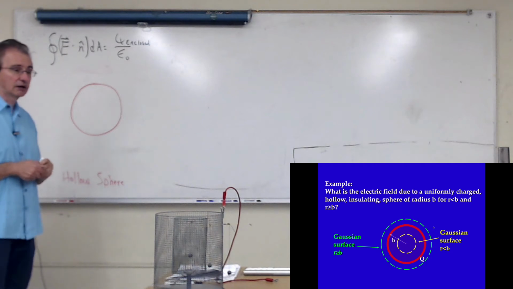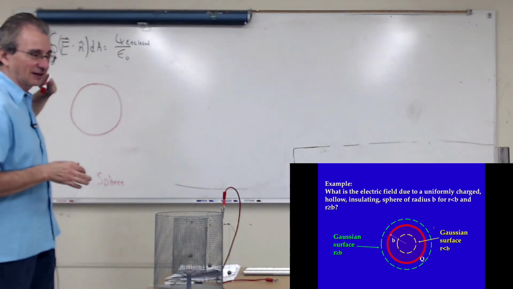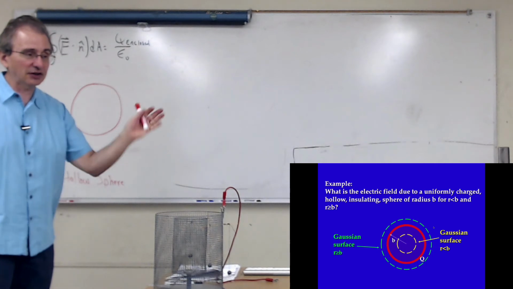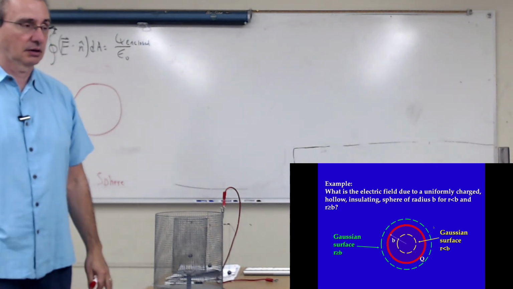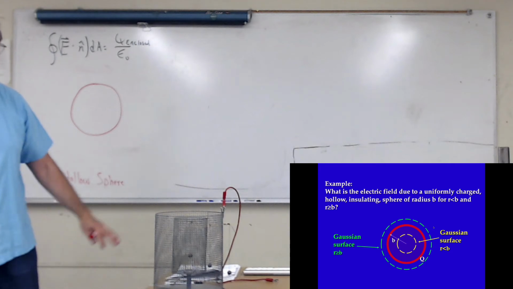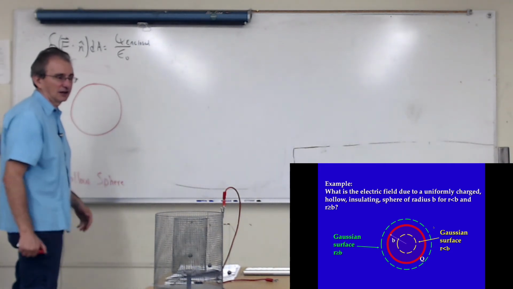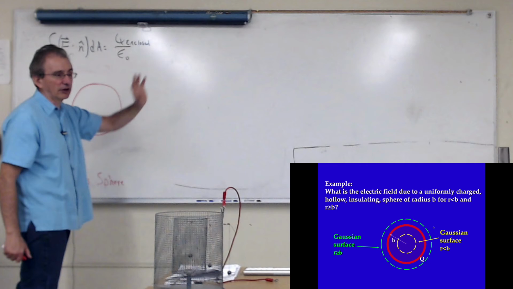It's an insulator, and it's isolated from the rest of the universe. It's just a hollow sphere. There's nothing else in the universe. Because if I have other charges in the universe, then I have to look at the contribution to the total electric field due to all the other charges.